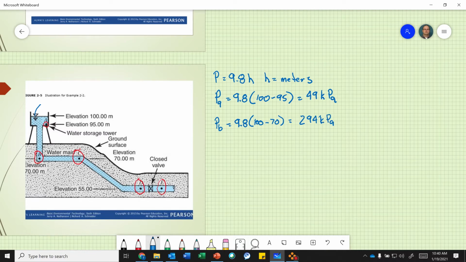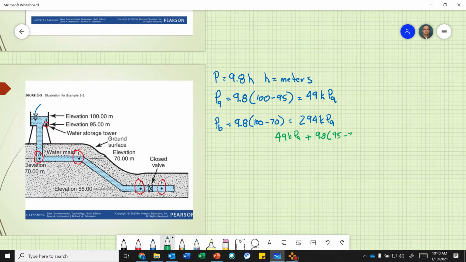Okay, you could also solve it this way, because we know the pressure at elevation 95 is 49 kPa, right? And we're going to add 9.8 times the distance from elevation 95 down to 70.